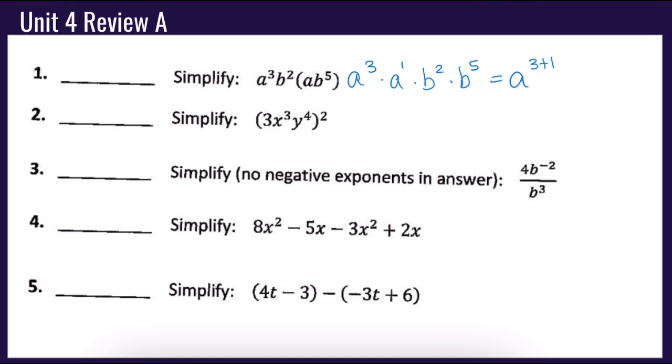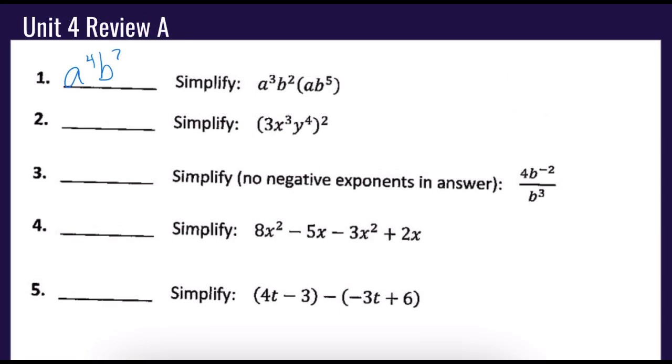So that takes care of our A's. With B, we're going to keep the base and add our exponents. So if we were going to clean this up, it would be A to the fourth, B to the seventh. And that's our answer, A to the fourth, B to the seventh.